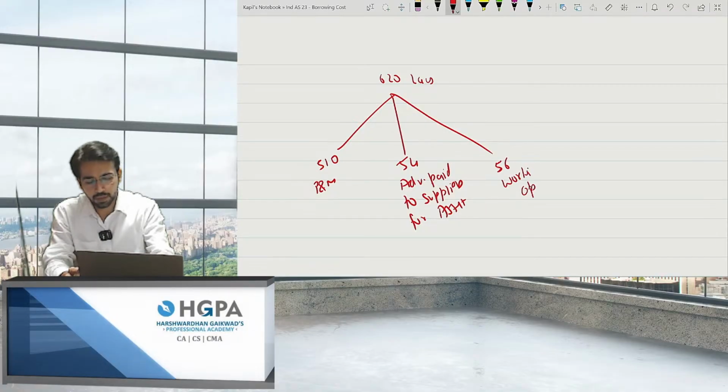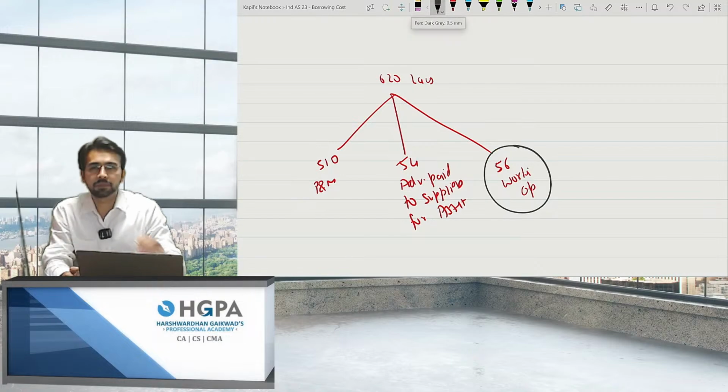Working capital. See, this amount is obviously not a qualifying asset.